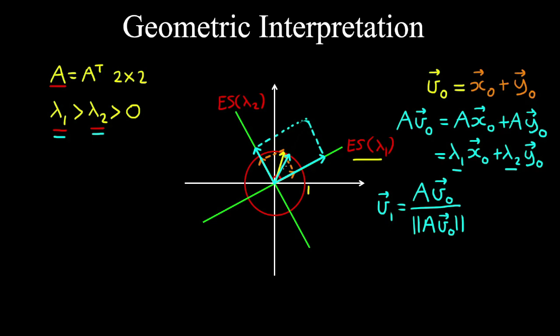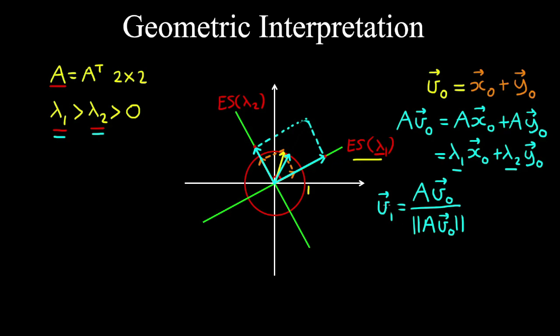So as we can see, v1 gets closer to the eigenspace corresponding to lambda 1, because lambda 1 is the dominant eigenvalue that stretches the vector along this eigenspace more than lambda 2 stretches the perpendicular vector along this orthogonal eigenspace.